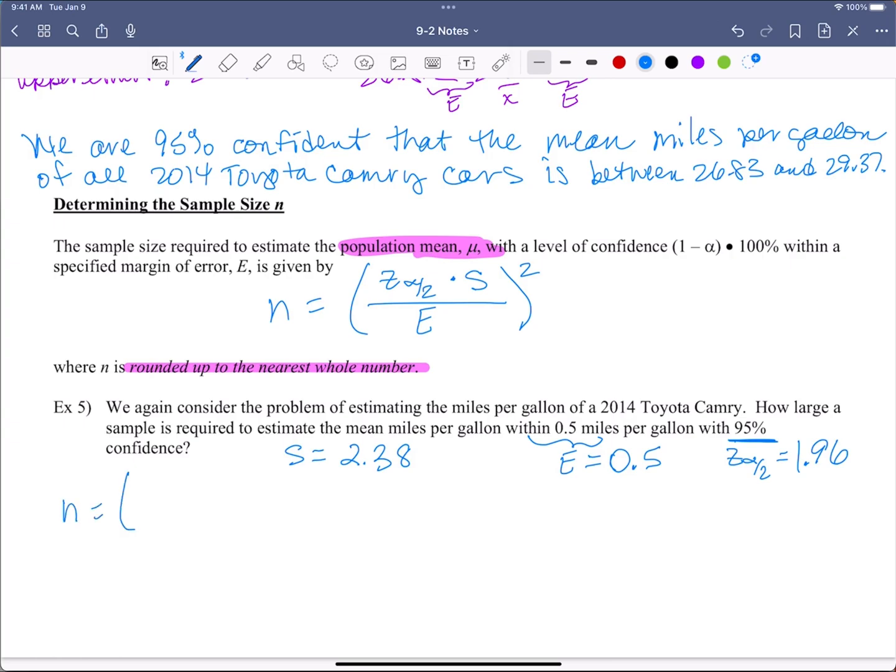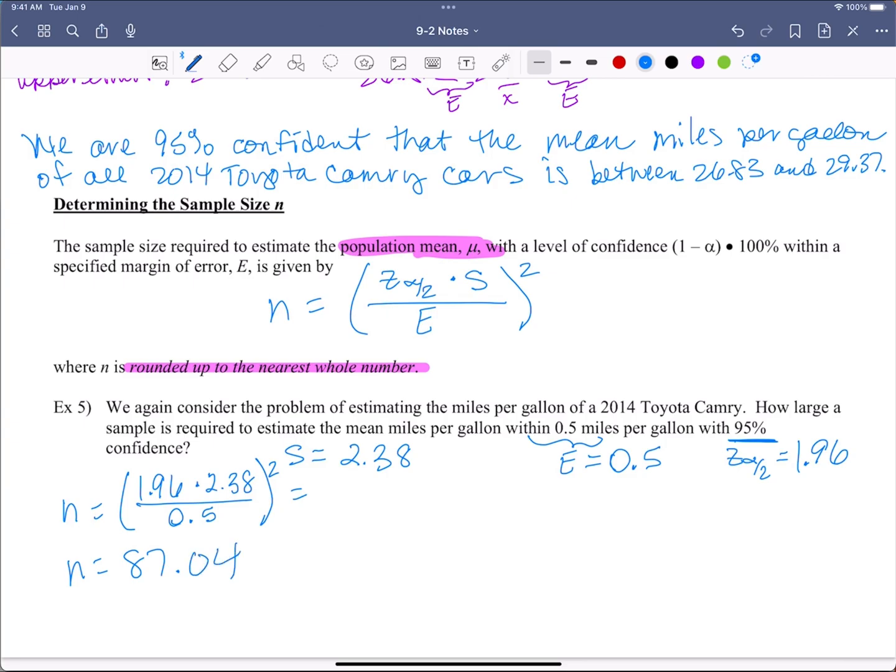Then we literally plug it in. n is equal to 1.96 times 2.38 over 0.5, squared. Plug that into your handy dandy calculator. And what do you get? I get 87.04.